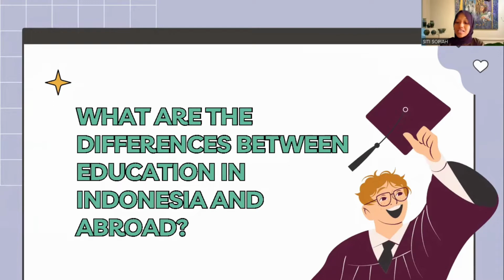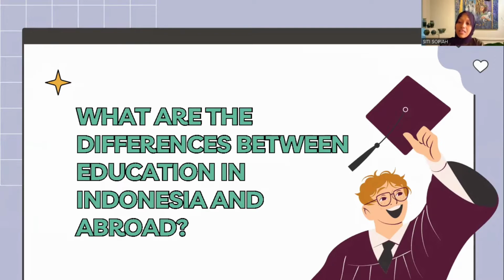First, the education system in Indonesia is always changing year to year, but in other countries, the education system is only one, and they only focus on that system, because it has proven to be very efficient for the students.